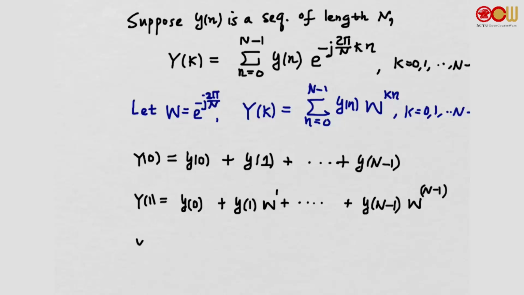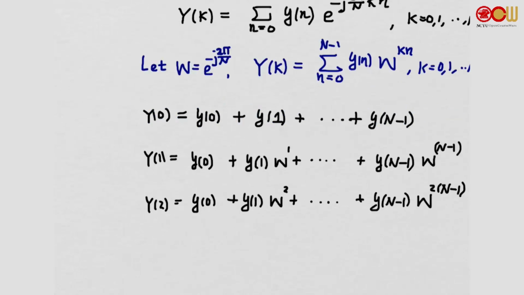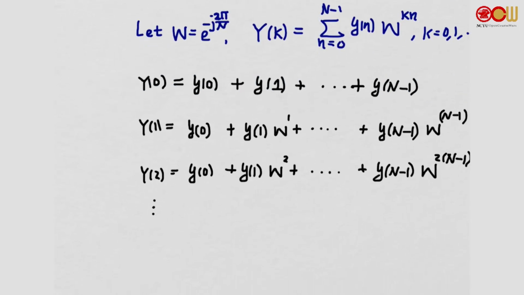Now k equal to 2, continue on like this. n equal to 0, we still get 0. And then y1, k equal to 2, n equal to 1, we get w raised to the power of 2, y n minus 1, n equal to n minus 1, and k equal to 2, so we get 2, and then n minus 1. We continue on like this, all the way to k equal to n minus 1.